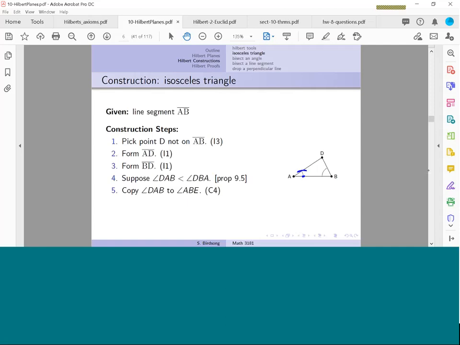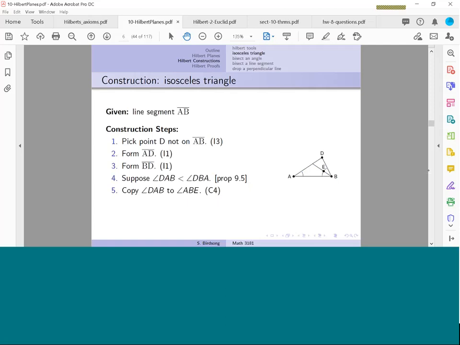Then place the pointy end of your compass down here on one of the sides, actually the base AB, and mark off how far up you're going to go with that same radius that you had over here at angle A. If you do that, you will get a point, which I'll highlight there as point E. And if you draw in the line that connects B and E, whether it's the full line or just a ray, that's the line that we're going to need to form our isosceles triangle.